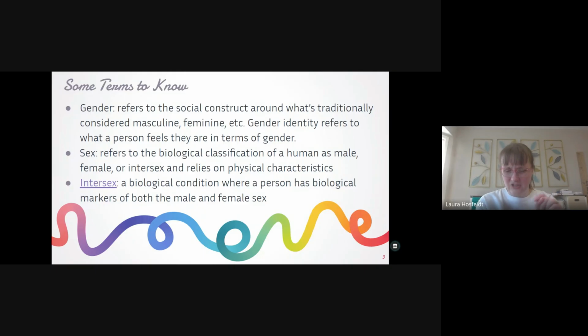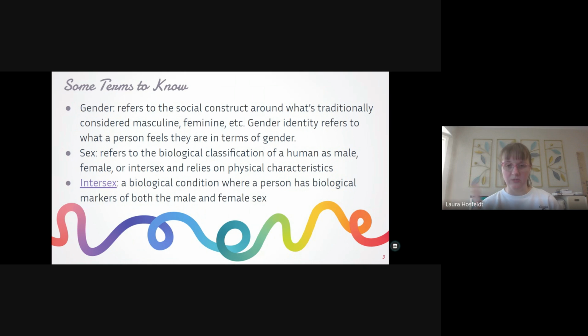The I in LGBTQIA is one I wanted to point attention to because a lot of people don't know about it, and that's intersex. That's a biological condition where a person has biological markers of both the male and female sex. While pretty much everything else on the LGBTQIA spectrum refers to how you perceive yourself, intersex is actually a biological marker.